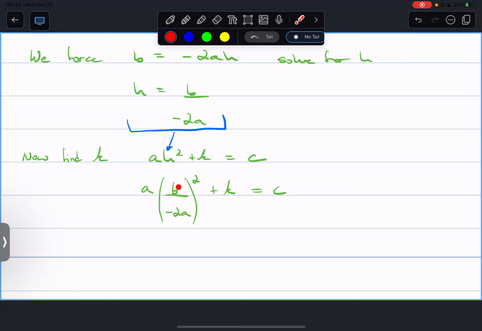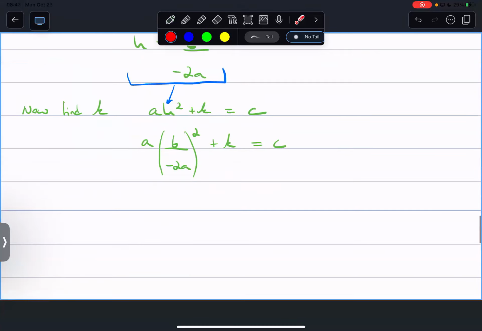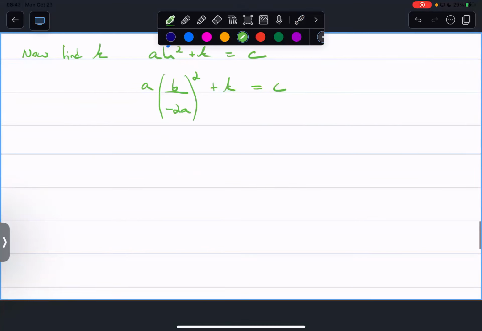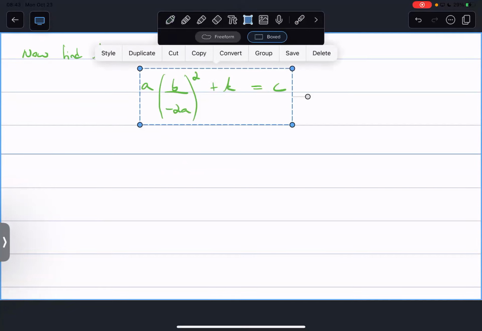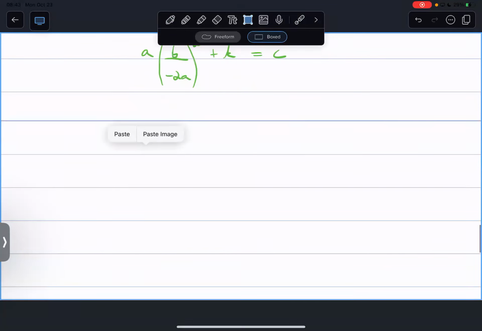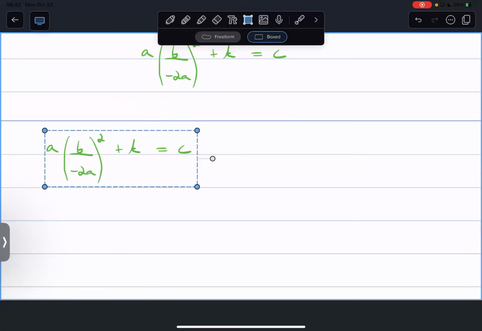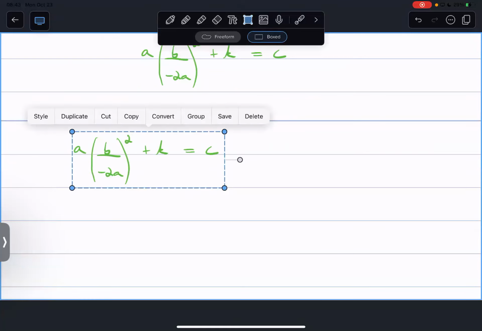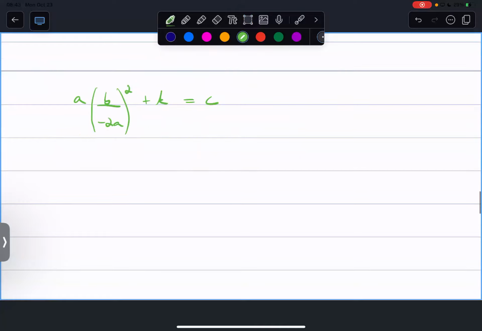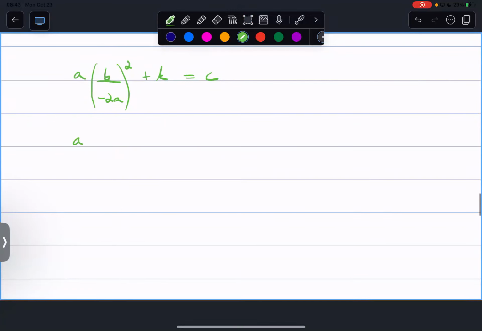So the square goes on the B, it goes on the -2, and it goes on the A to get me to a new page. Gonna start it fresh here. So I have A times B squared over -2 squared times A squared plus K is equal to C.